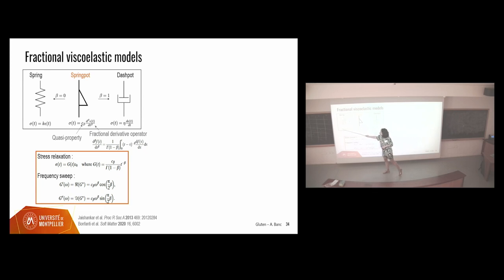The spring relates the stress versus the strain linearly, whereas the dashpot relates the stress to the strain rate linearly. So here is the first derivative of the strain. This is the time derivative of the strain.